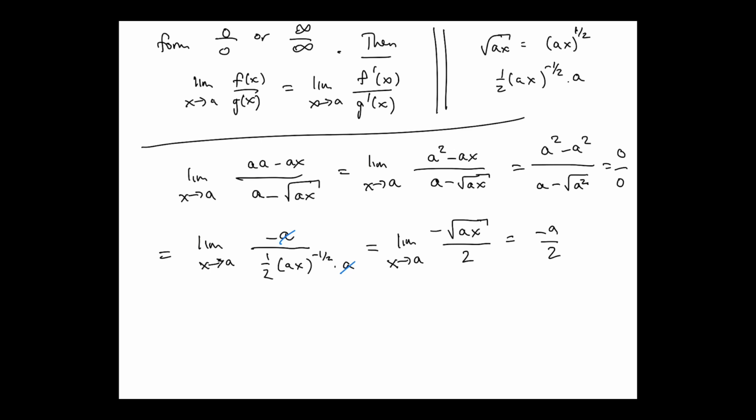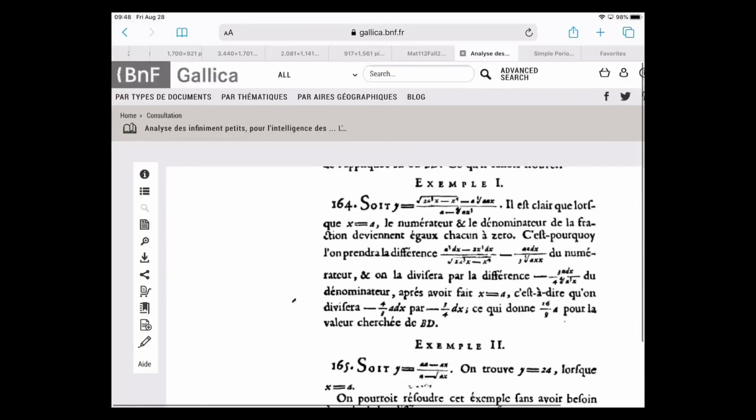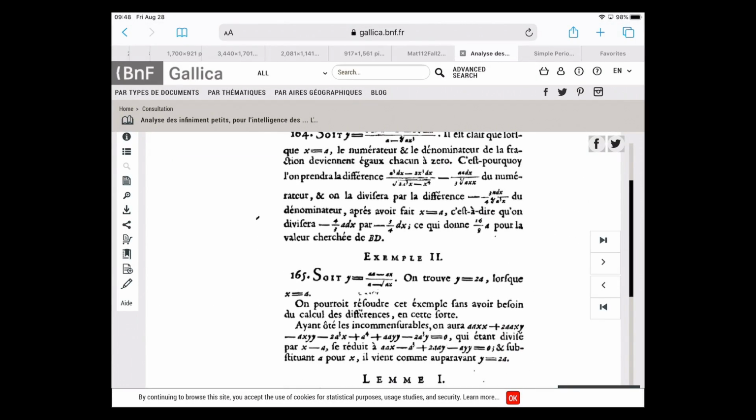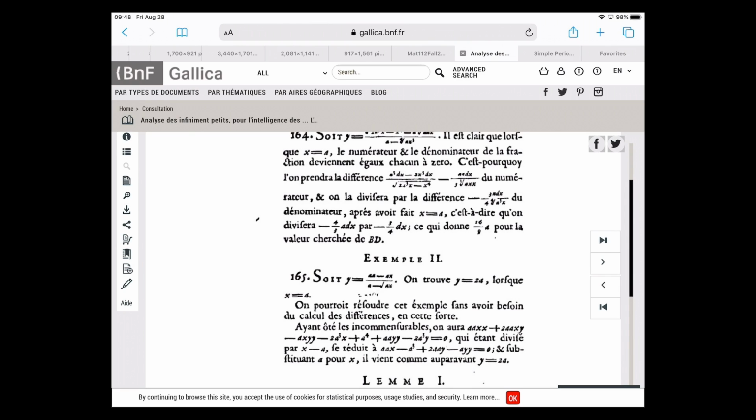Right, okay. Technically, it'd be absolute value of a, but his assumption here is that a is positive, so it's not really a big deal. Is that what L'Hopital had said? He said 2a. Oh, I'm sorry, I know why. I botched this.